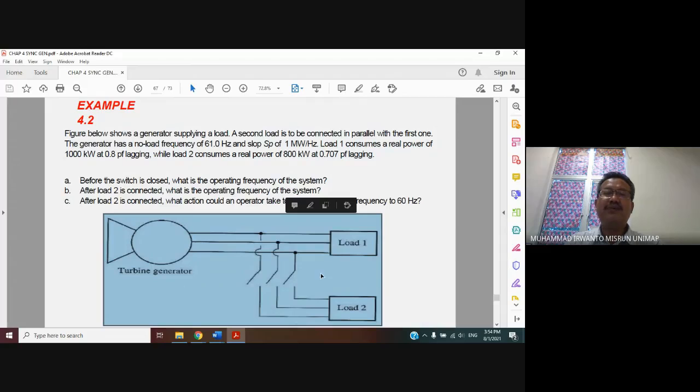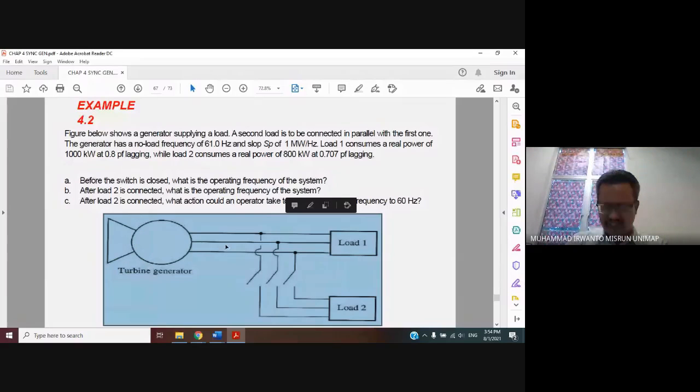Nah, ini for the condition yang awal-awal tadi ya. Yang awal-awal tadi satu generator saja. Ya, the first, this one generator operates to serve load 1.